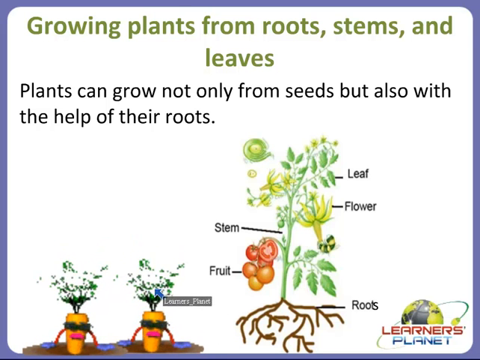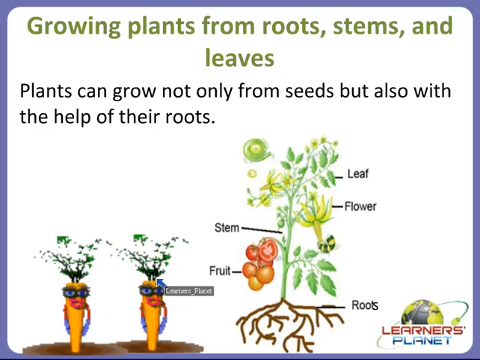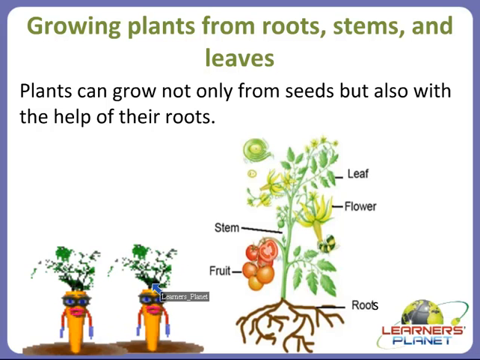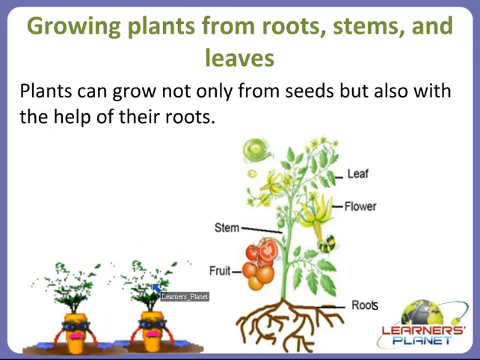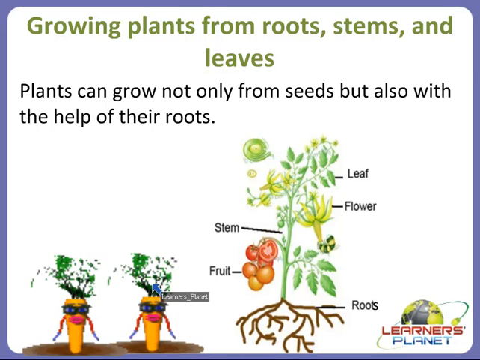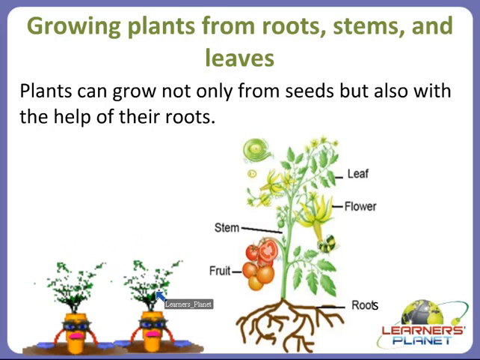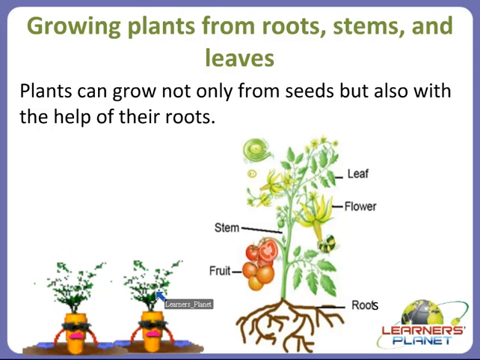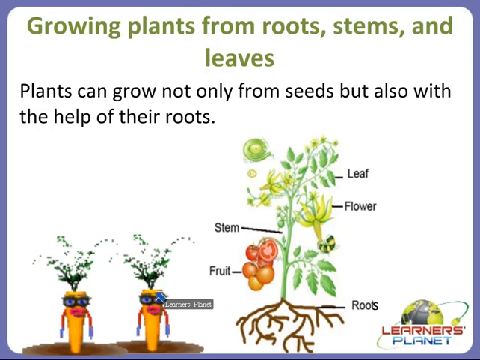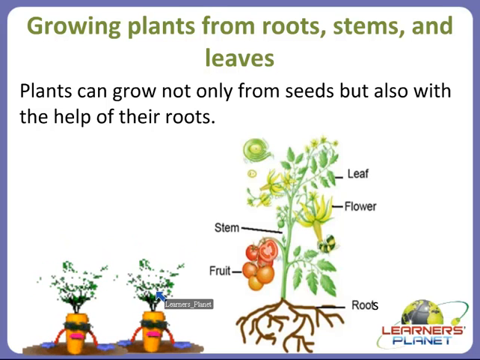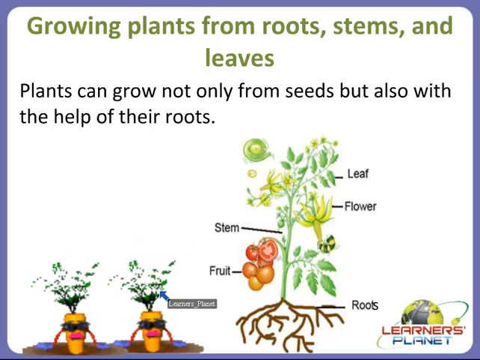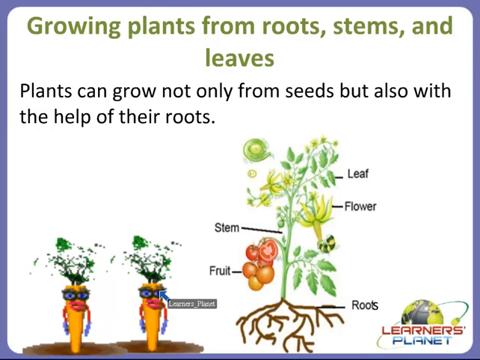In this top portion you can see that there are roots, and because of these roots a new plant, that is a new carrot, can grow. In the same way, it also happens in other plants. So let's see examples of some plants that grow with the help of their roots.